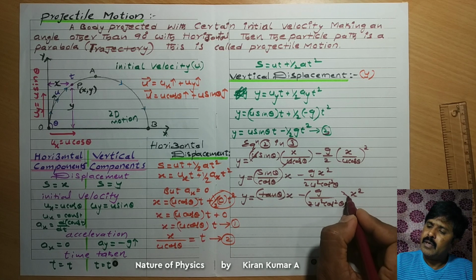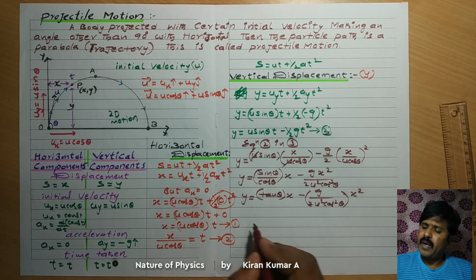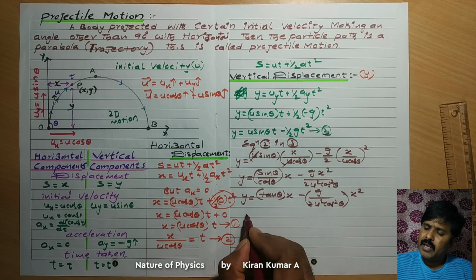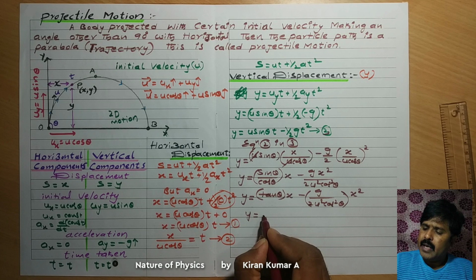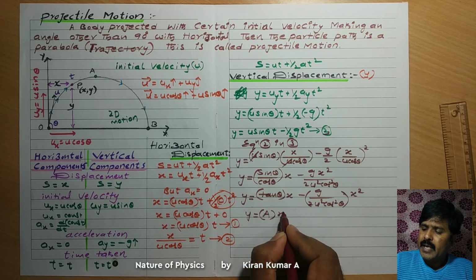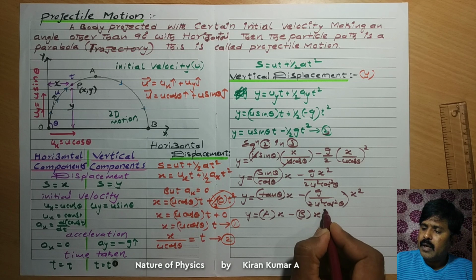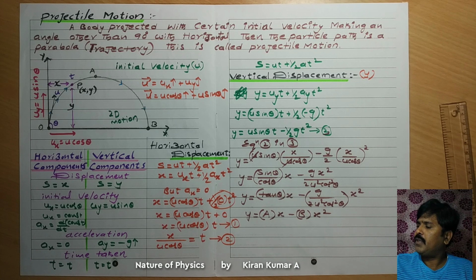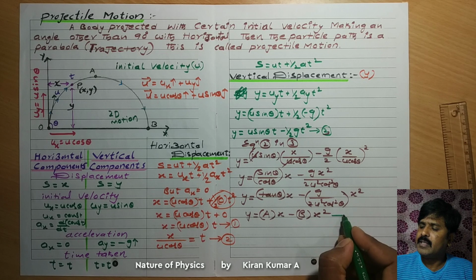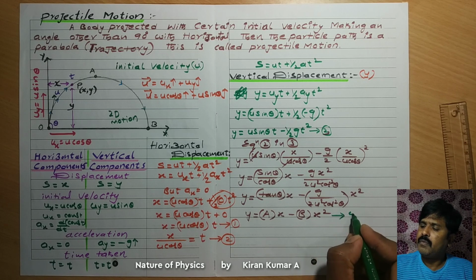Okay, so the final equation is y is equal to ax minus bx square. This equation gives the path of the projectile as a parabola. Now I can write this as equation number 4.